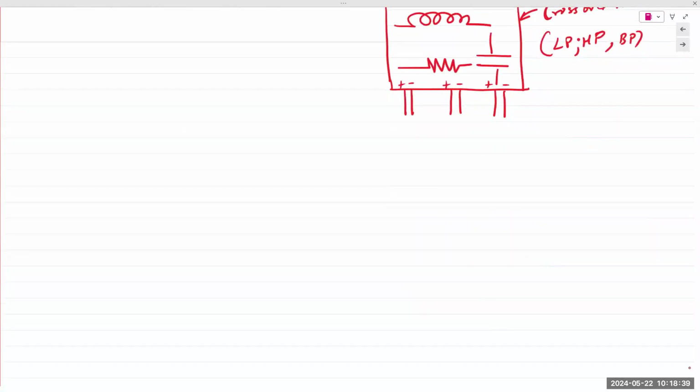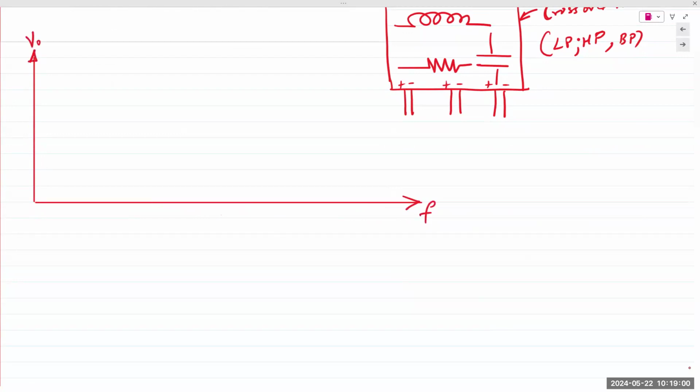So let's look at the transfer characteristic. This is frequency in hertz. This is V out, or we can say the transfer function.